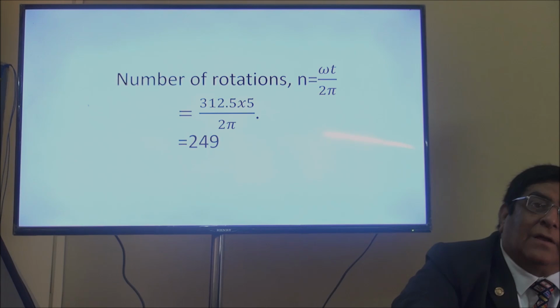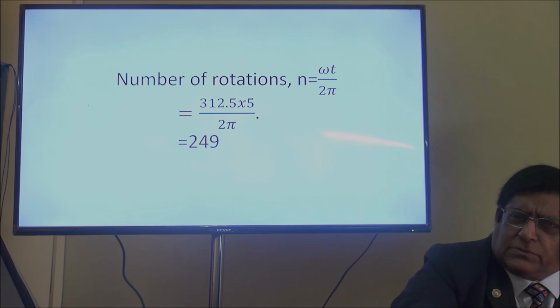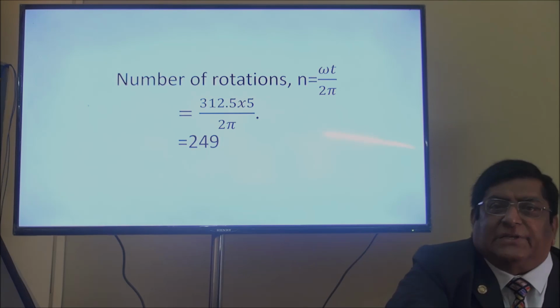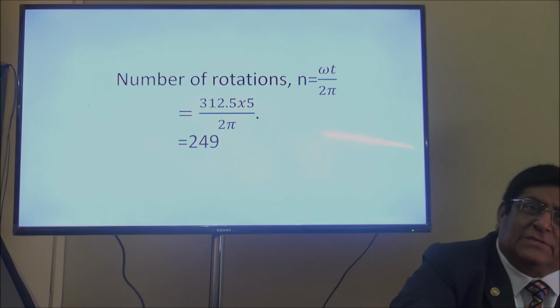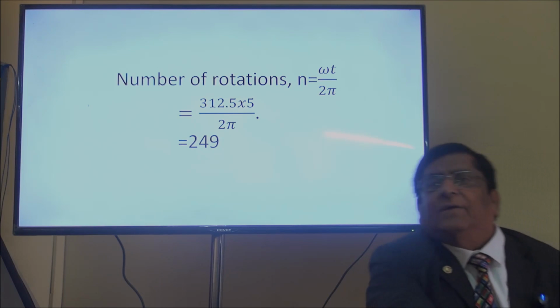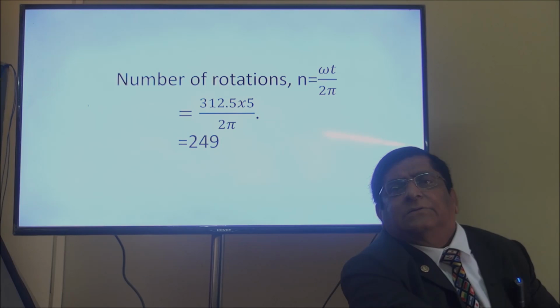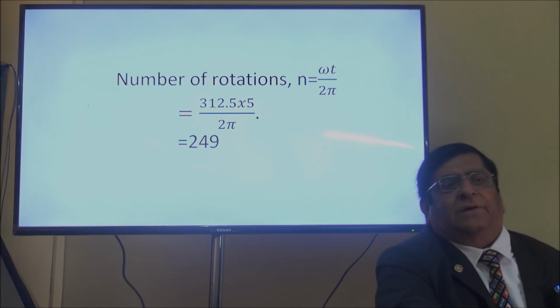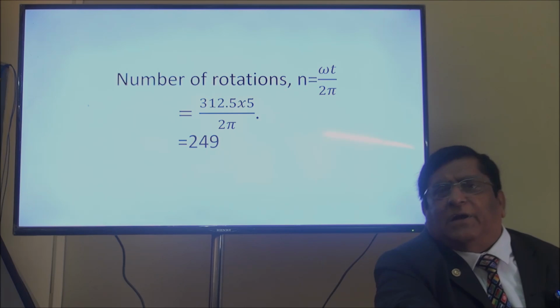Omega is equal to V upon R at which point? That is in a circular motion. We must know the velocity at the circumference. So which V are you talking about? That 50. 50 is V divided by R. If you do it, what will come?